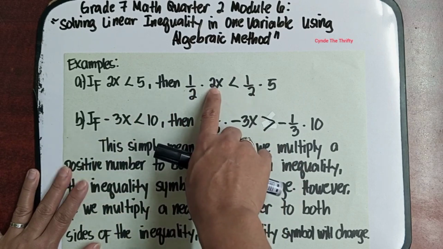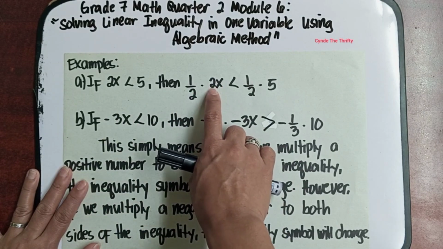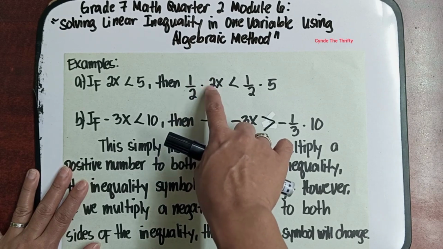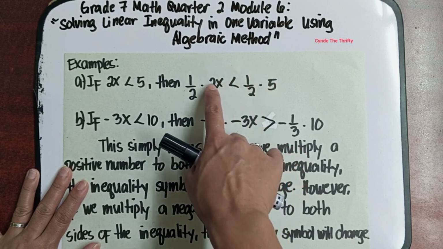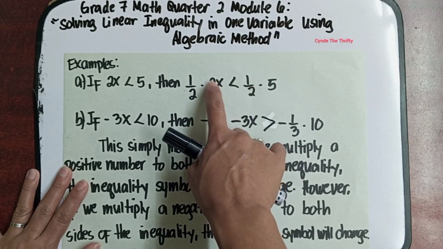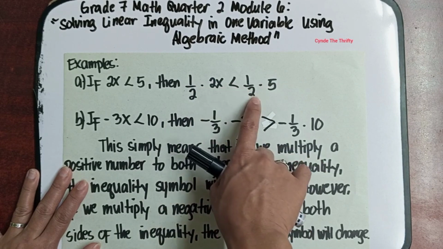So dahil 2x dito, i-multiply natin siya sa kanyang reciprocal. Ang reciprocal ni 2 is 1/2. Ibig sabihin kabaliktaran ni 2, si 2 is automatic meron siyang denominator na 1. So 2 over 1. Ang kabaliktaran ni 2 is 1/2. So i-multiply natin both sides ng 1/2.